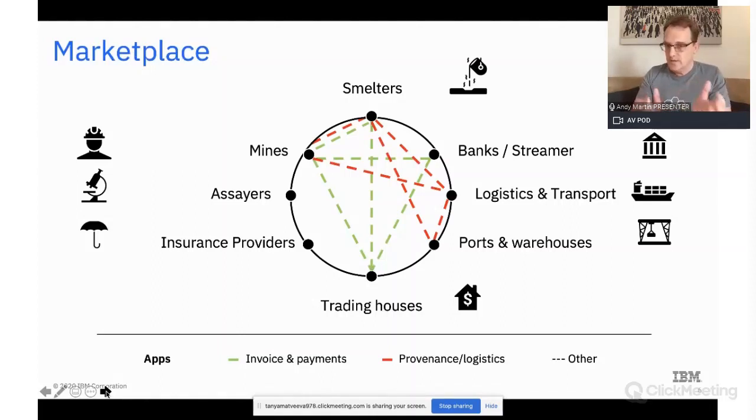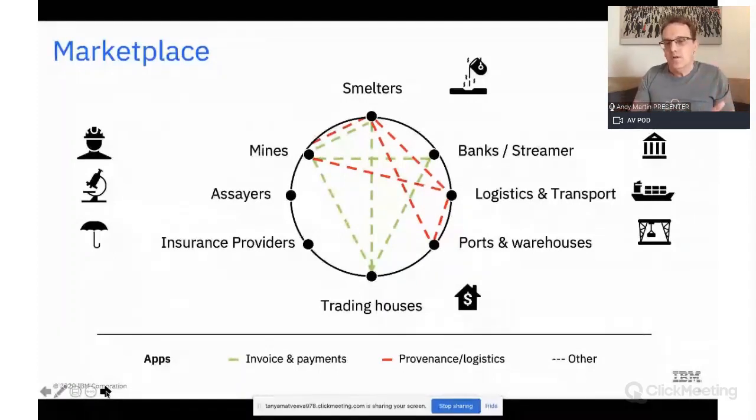So if we start with post-trade settlement, invoices and payments in green, we're going to need the trading house, the mine, the smelter, the bank. If we have those folks in the room, we can then start to do post-trade settlement in one place and do paperless trade. But if we add logistics and transport and ports and warehouses, we can expand out into a second use case around logistics.